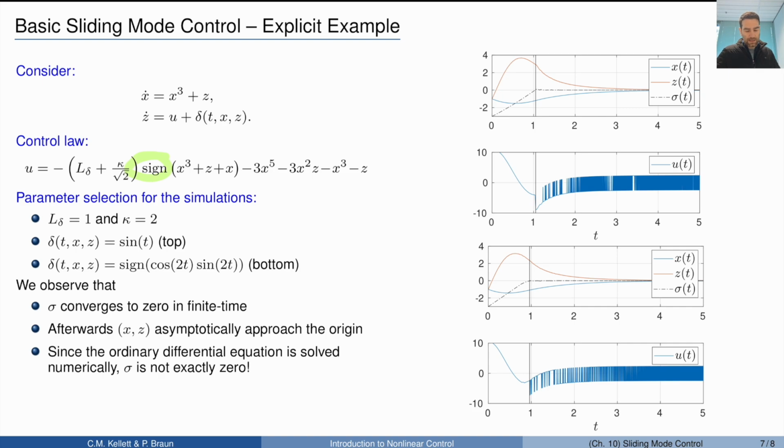And this only occurs because we can only solve the ordinary differential equation numerically, so we will never exactly achieve sigma equal to 0, and that's why we have this chattering.